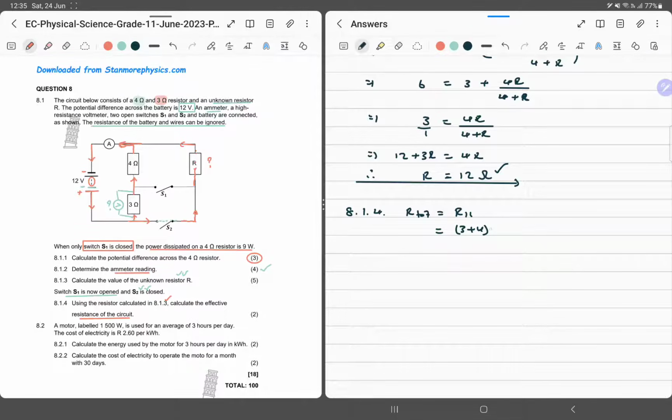That is product times 12, right? Over sum. So we've got 3 plus 4 plus 12. So it's very easy here. So we've got here 7 times 12 divide by 7 plus 12.